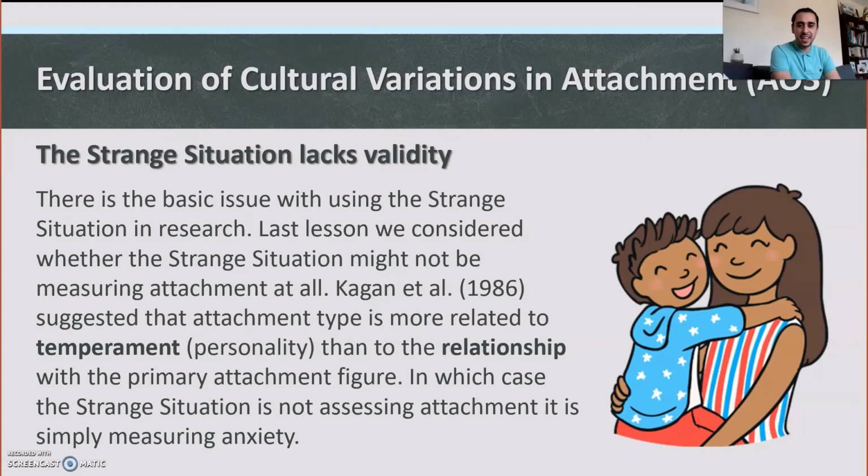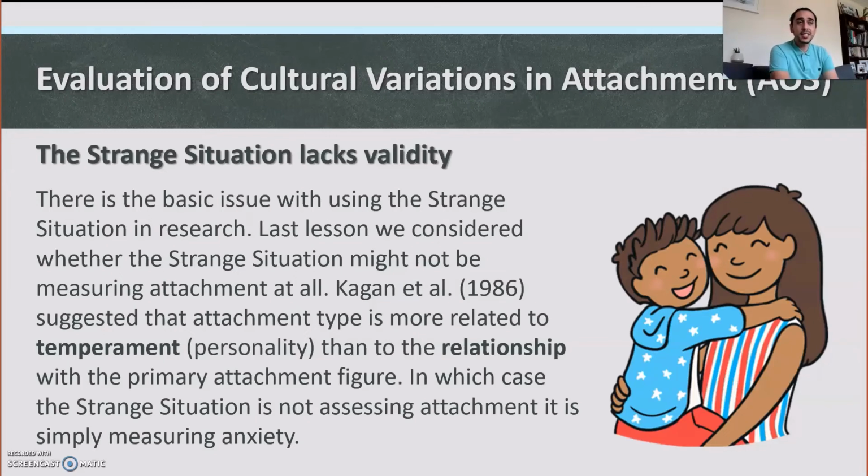So what this is saying is, say for example you bring a child into the strange situation and they don't like it when their mother leaves the room, showing separation anxiety, or they don't like it when a stranger walks in, showing stranger anxiety.